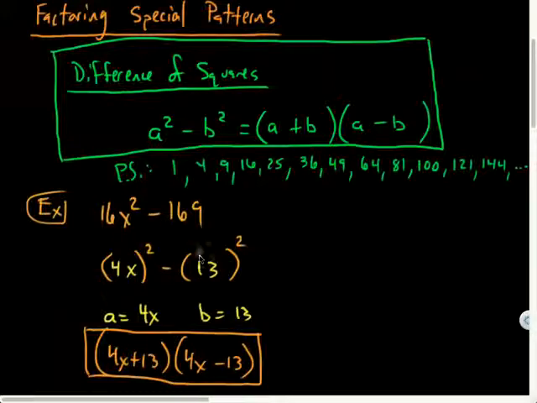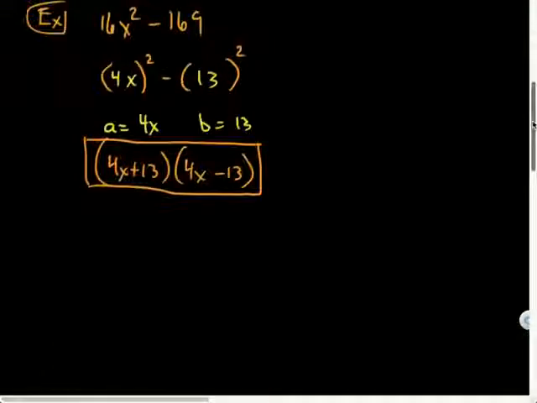And 169 happens to be 13 squared, which is the next one in that list. So perfect squares are good stuff to know. When I notice numbers that seem perfect, I'm suspicious of a pattern existing.